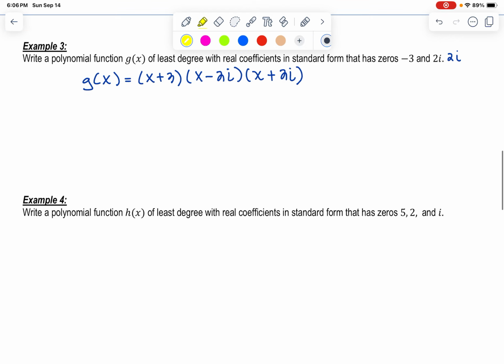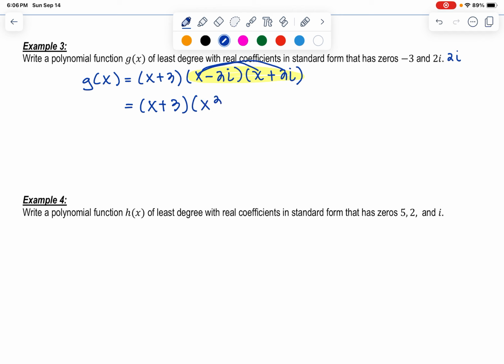Okay, I'm not going to start off by multiplying these 2. The reason I'm not is because remember when we multiply conjugates, amazing things happen. So I'm going to start by multiplying the conjugates here, okay? So I'm going to leave the x plus 3 in front, and I'll worry about that after I multiply these 2 conjugates. So when I multiply the conjugates, x times x is x squared.